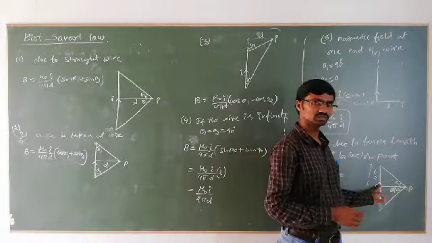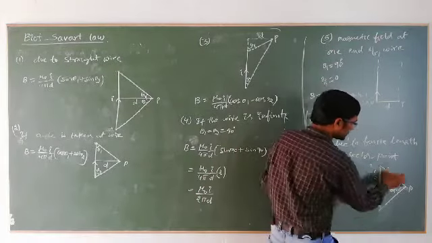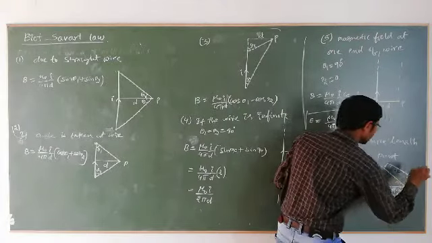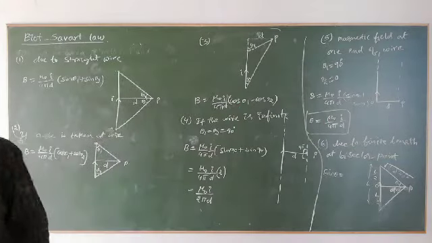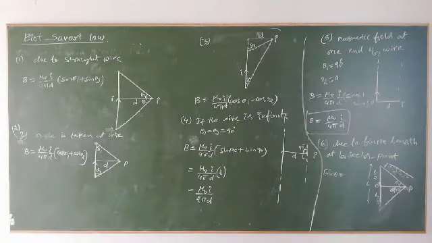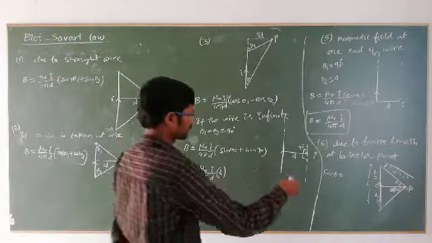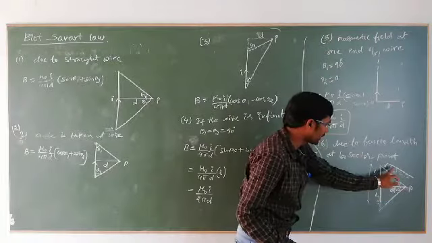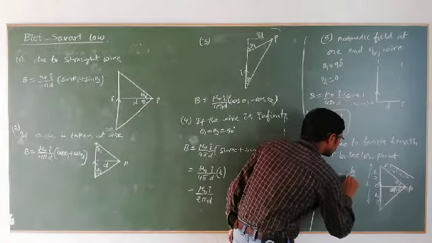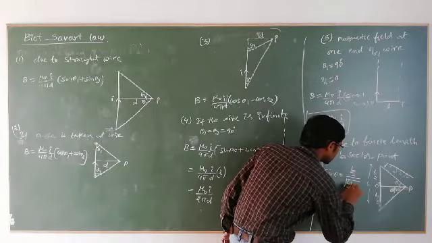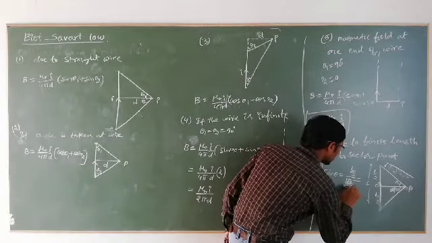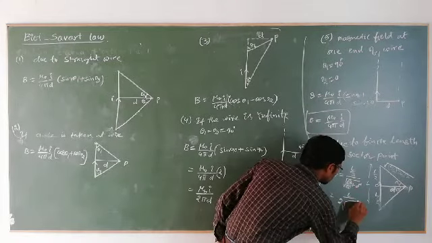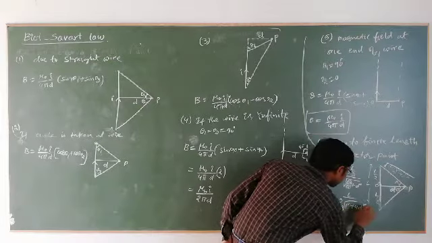Sin theta is equal to opposite by hypotenuse. The hypotenuse is root over (L by 2) squared plus d squared. So sin theta is equal to L by 2 by root over (L square by 4 plus d square), that is equal to L by 2 into root over (L square plus 4d square).